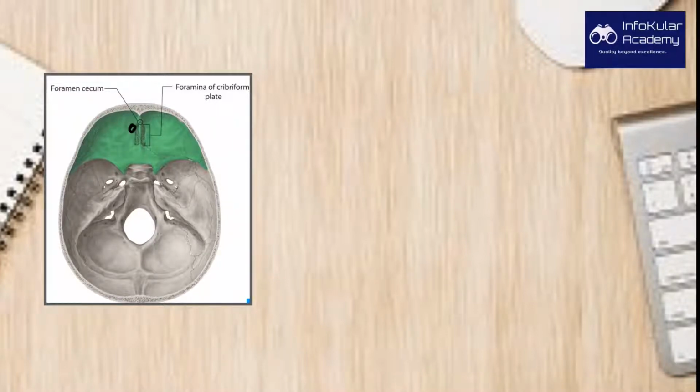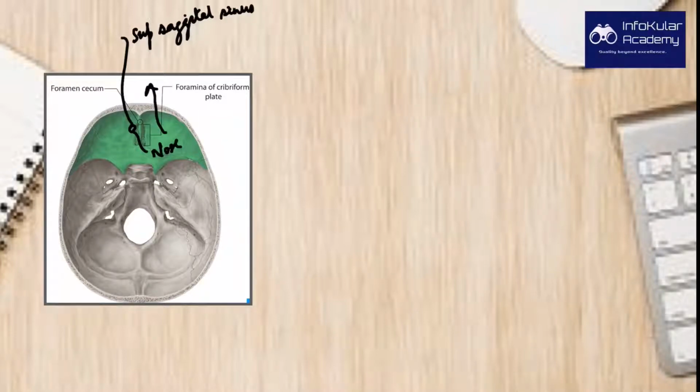And this notch is articulated with ethmoid. ये superior sagittal sinus को nose से communicate करती है. And why is it relevant? Because this can form the passage of infections in this direction and hence forms the danger triangle of the face. दूसरी relevance ये है कि foramen cecum lies right behind a structure called the tuberculum impar, which we'll come to in the next slide.